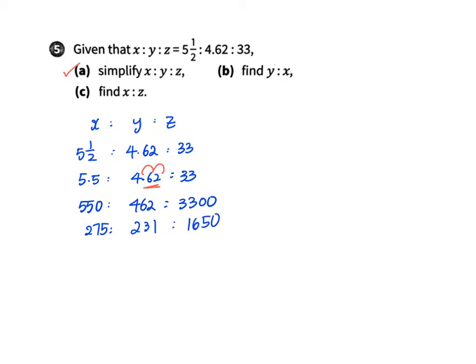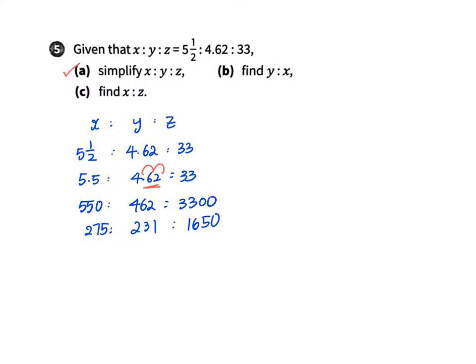Let's check for other common factors. Can I divide by 3? 275 divided by 3? No. 231 divided by 3? Yes. 1650 divided by 3? Yes. But since 275 cannot be divided by 3, there is no common factor 3.